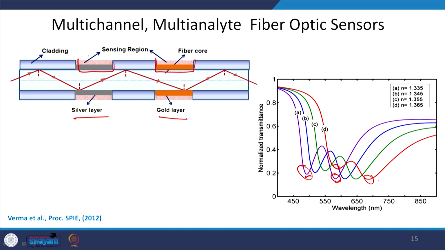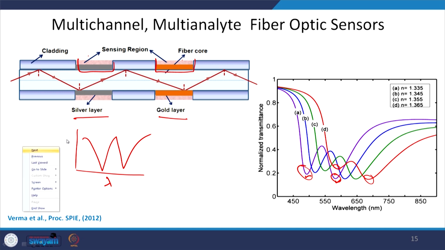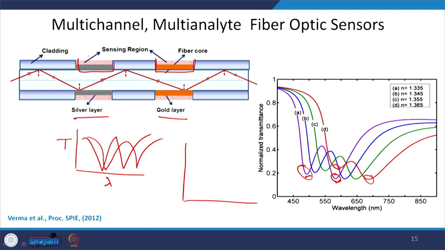It means that this kind of multi-channel sensor has 2 response curves, and if you change the refractive index, both will show red shift differently. Channel 1 maybe has this curve, channel 2 maybe has this curve. So, you can use both for sensing applications in different regions.